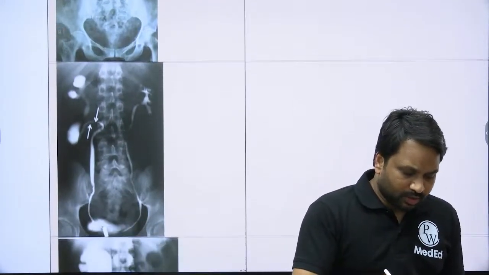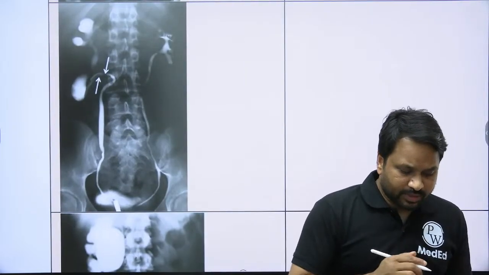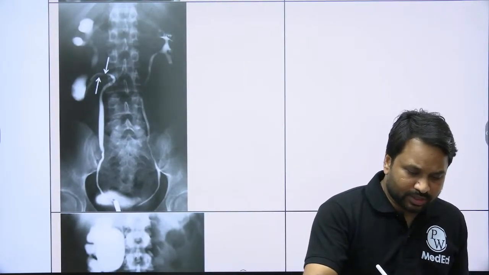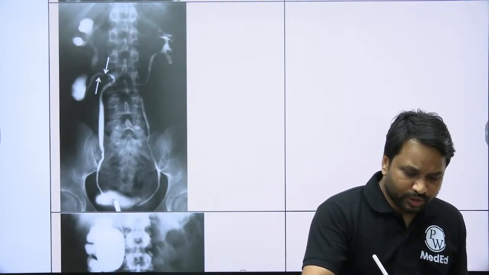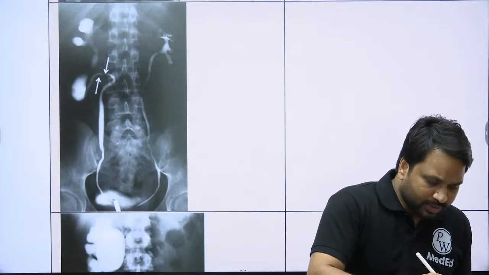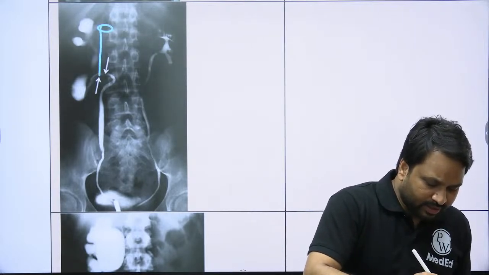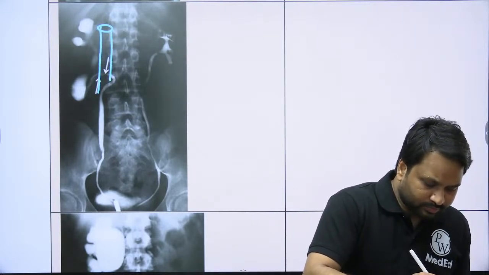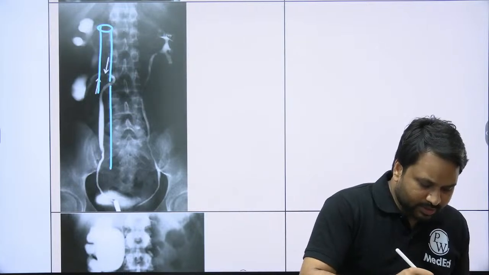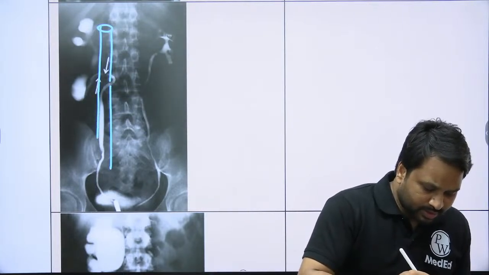Now, this is again a very classical image where you see the ureter traveling in this fashion. The inferior vena cava runs across here. So this is the IVC, and this is the ureter.